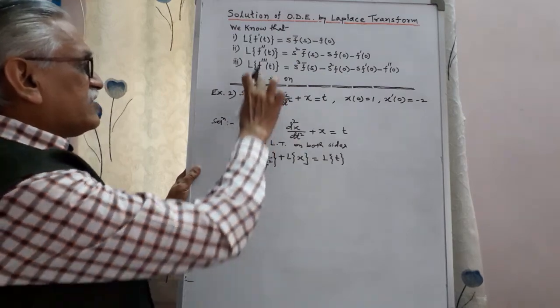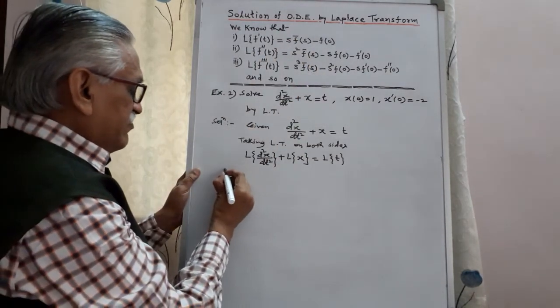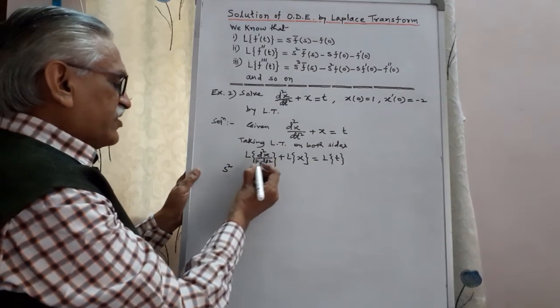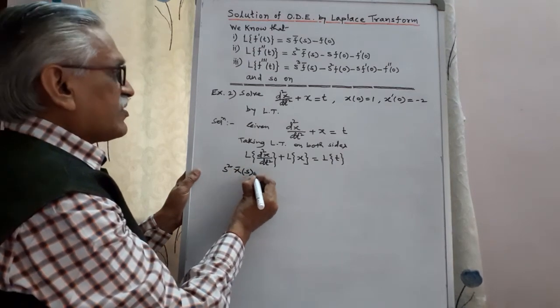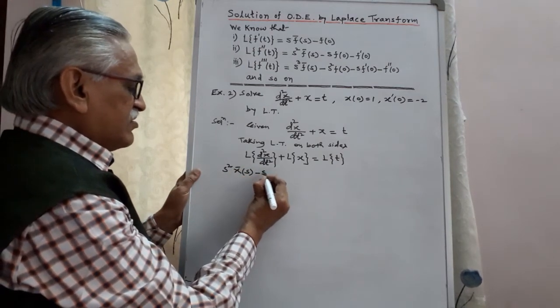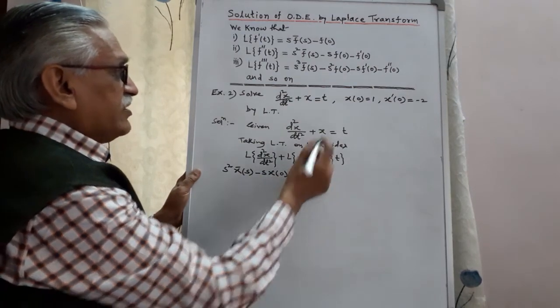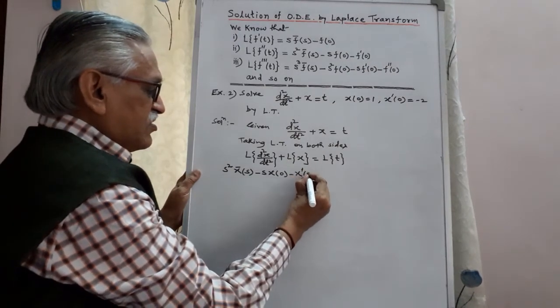Applying the standard result for Laplace of second order derivative, it is s square f bar of s, here the function is x, therefore x bar of s, minus s x of 0, minus f dash, here it is x dash of 0.